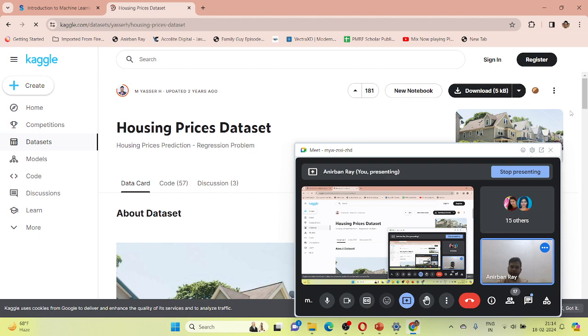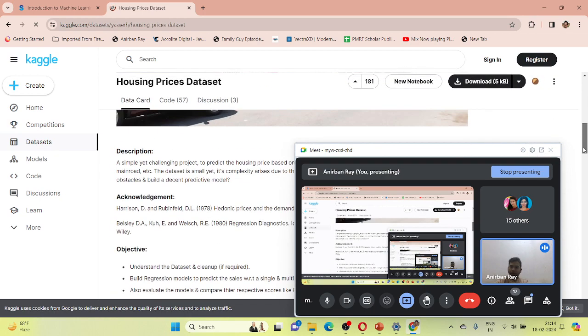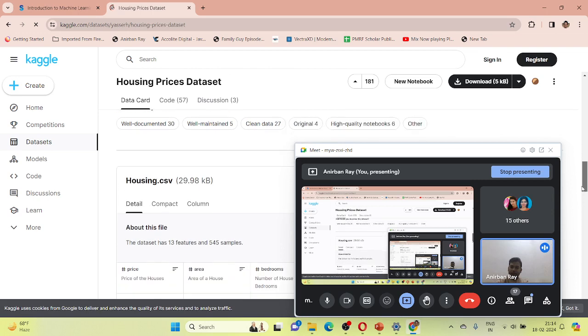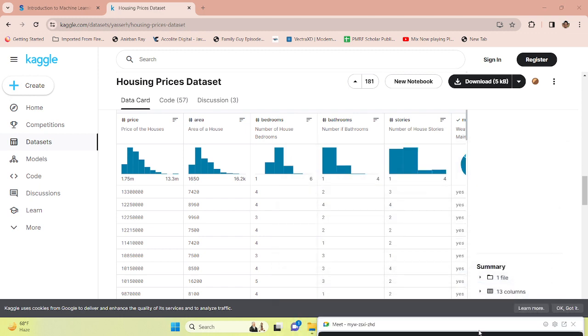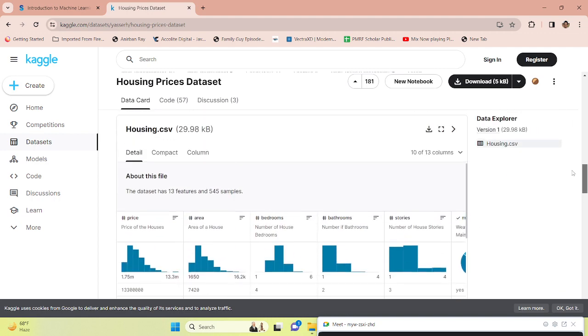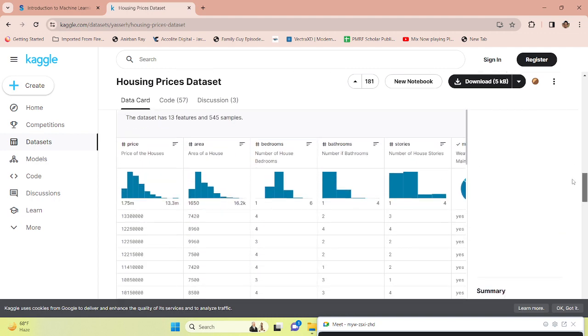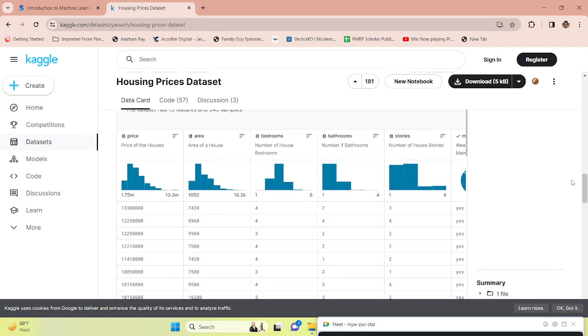If you can see here, that example that I have given, the housing prices data set. In this data set the features are: y is the price of the house, x1 is the area of the house, then number of bedrooms, number of bathrooms, number of house stories, like that, x1, x2, x3, x4. So there will be corresponding theta values.